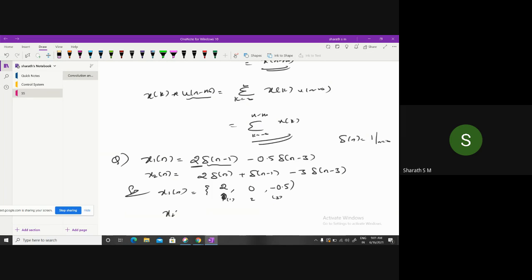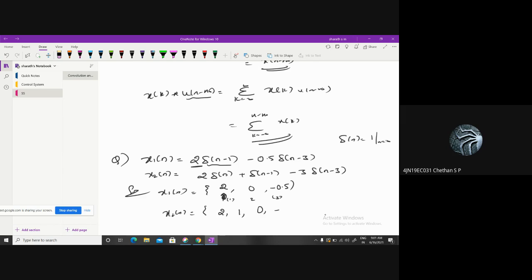In the same way, x2 of n is equal to 2 into delta of n, that indicates we have a sample at 0. What sample level at 0? 2. Sample at 1? 1. What's the sample at 2? 0. Sample at 3?